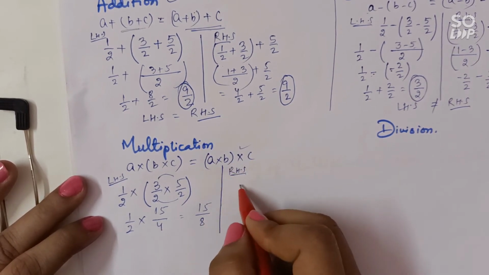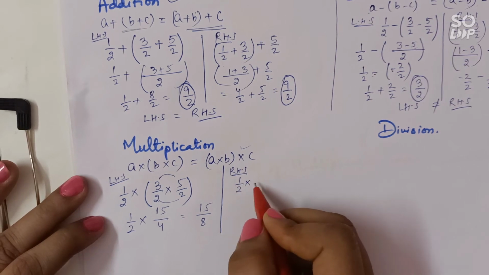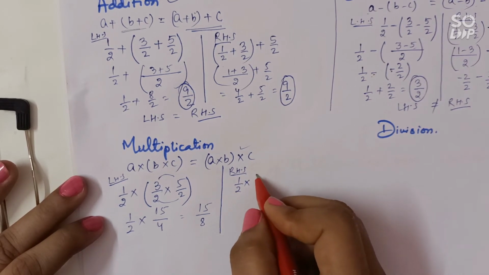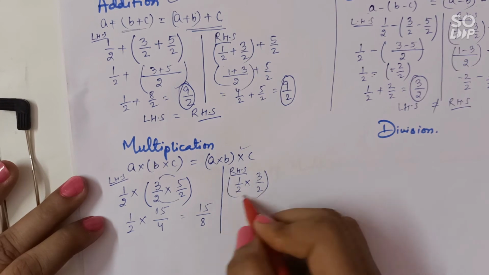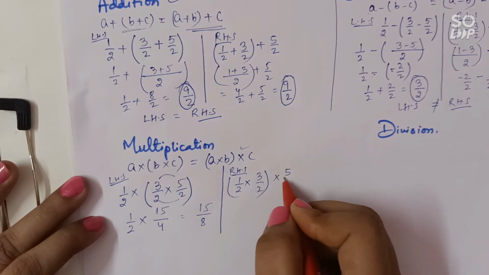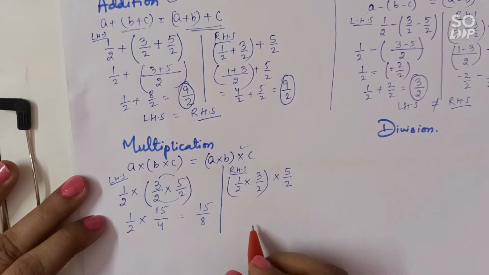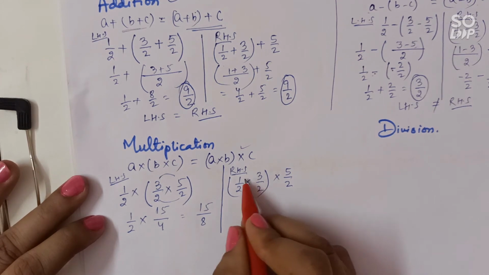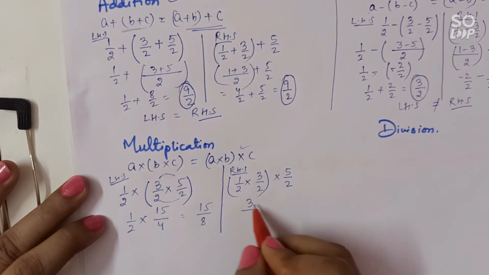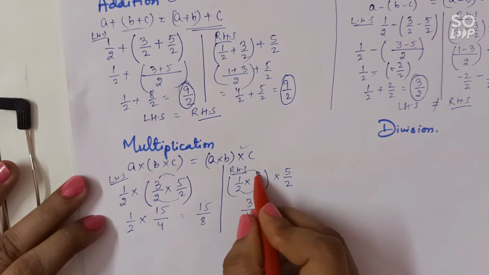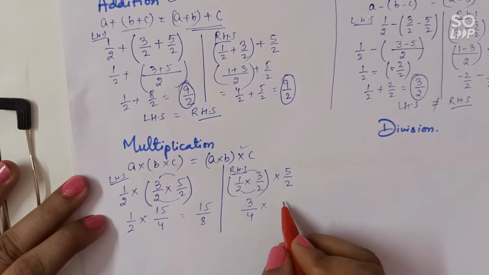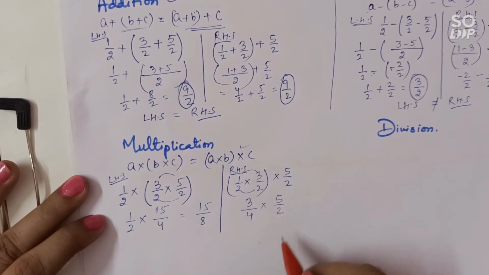A multiplied by B. So it is 1 by 2 multiplied by B, that's 3 by 2 multiplied by 5 by 2. So here 3 multiplied by 1 will be 3 and 2 2s are 4, multiplied by 5 by 2.